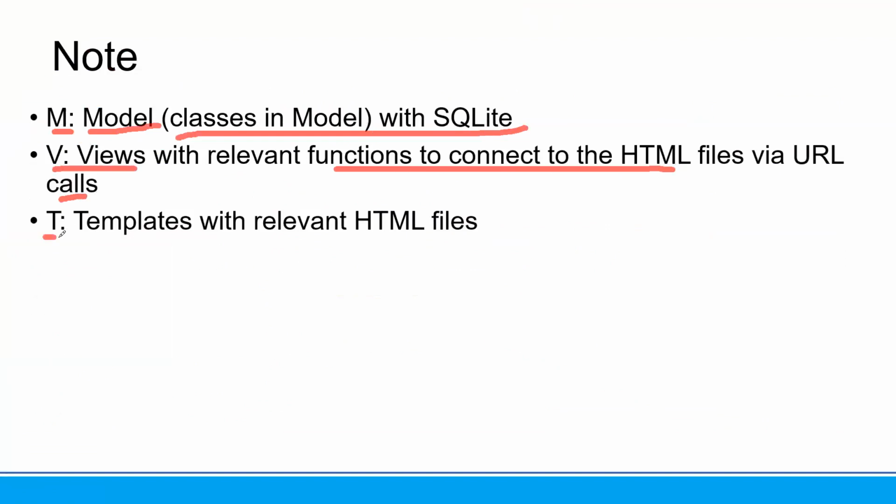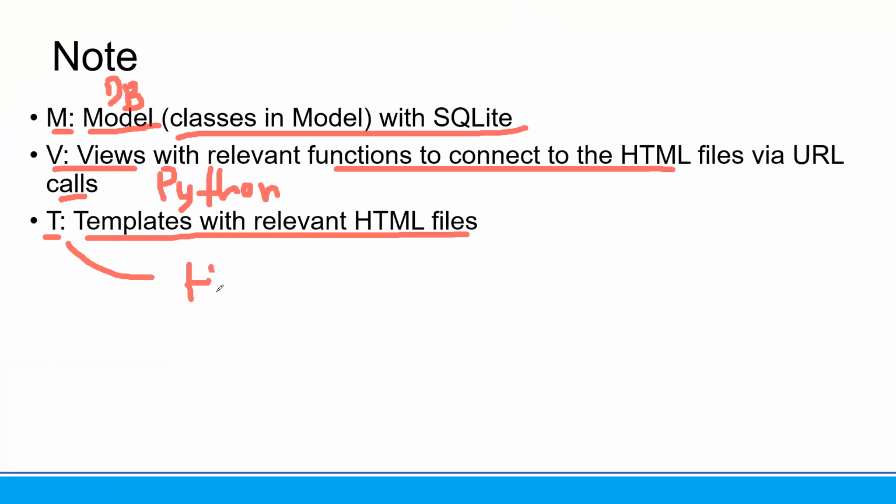And then the T, the templates, are the relevant HTML files. So we can say that M is the model, this is the DB. View is the Python file, or this will be the backend, and the T is the HTML.